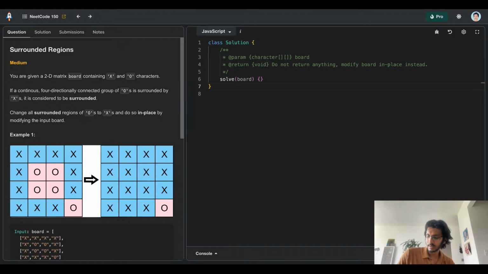And if it's connected to a border, then leave it alone. So we need to mark somewhere that it's left alone. If not, then we need to... yeah, that's the tricky part. So let's say we're at a 0. We move right. We'll have to move in all directions. And at each step again, we'll have to move in all directions.